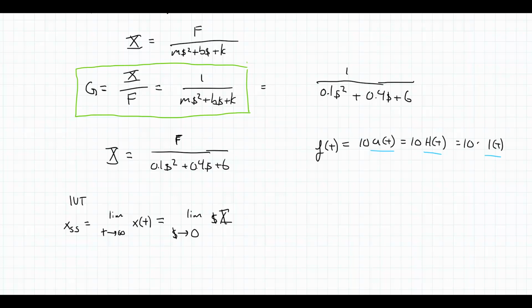So just as another reminder, what do these all mean? Well, the unit step function is defined as a piecewise function. It's 0 for t less than 0, and it's 1 for t greater than or equal to 0. So basically, if the time is negative, it's 0, and it turns on when the time is 0.